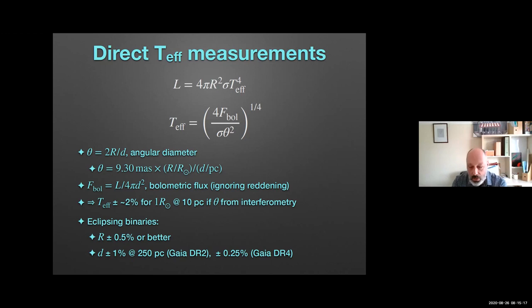So that will give us some very good measurements of the angular diameters, theta, for stars in eclipsing binaries. So if we can get these F-bol measurements, if we can split the light apart into the contributions for the 2 individual stars, there's a way here to get good effective temperature measurements, an alternative way to do it, that we can use to improve or check the interferometric scale.